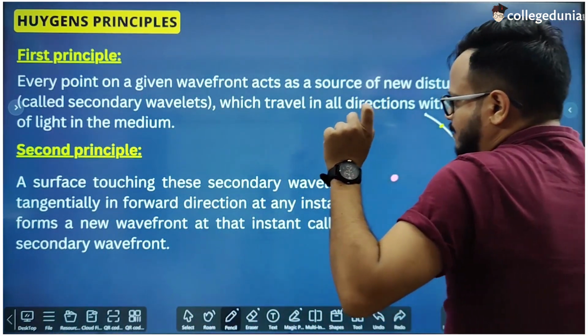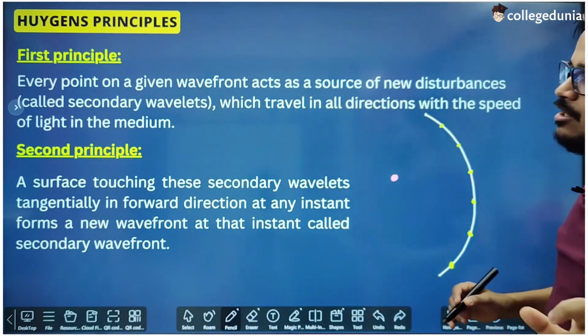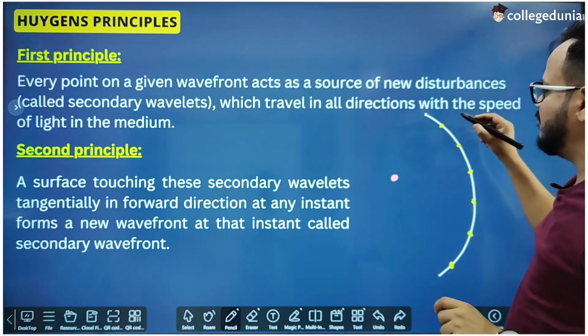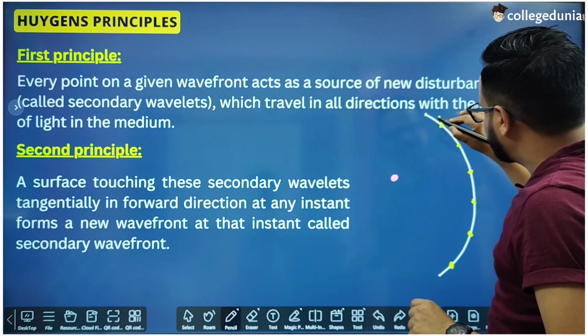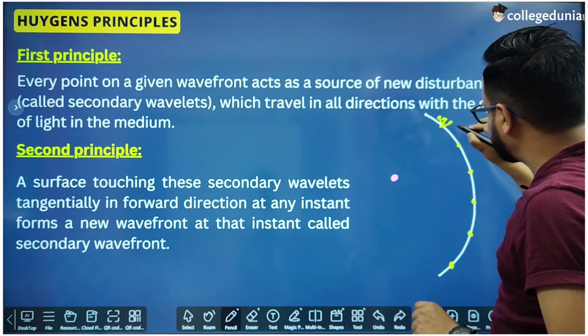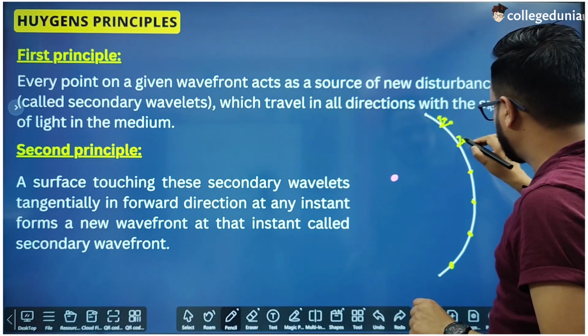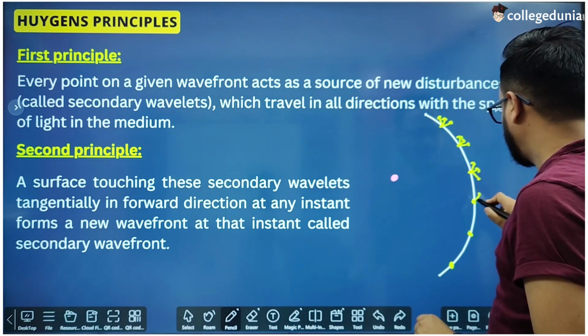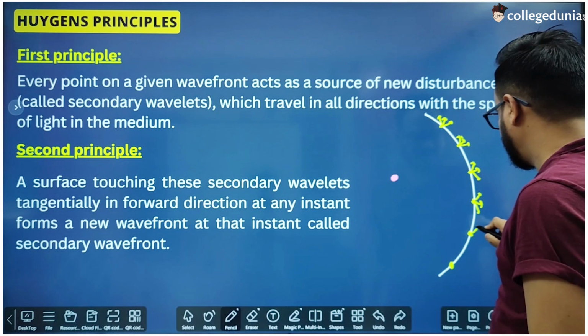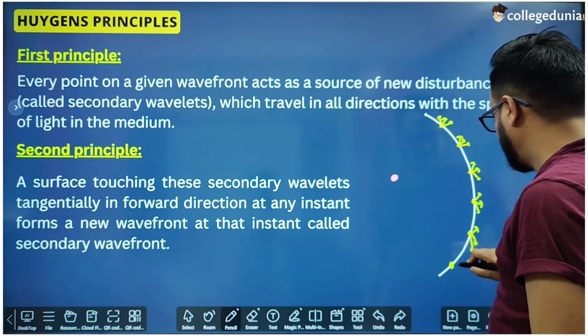But instead of light, we have used the term secondary wavelets. What does that mean? You just assume that secondary wavelets, small waves, are emerging from all the points like this, right?